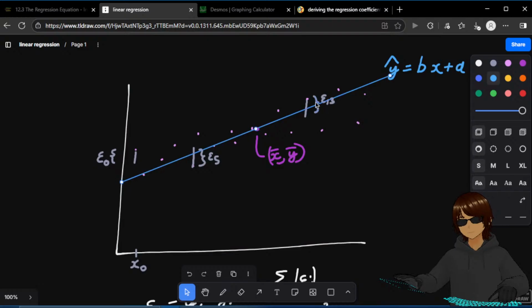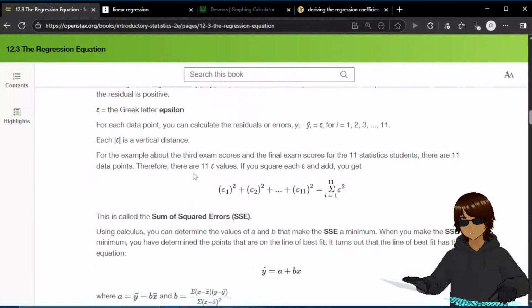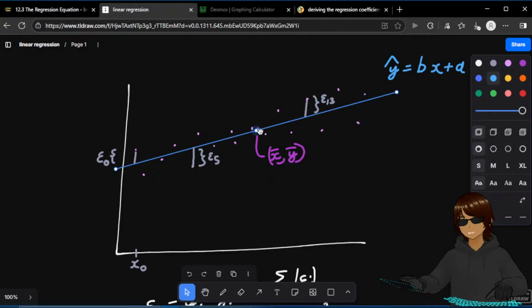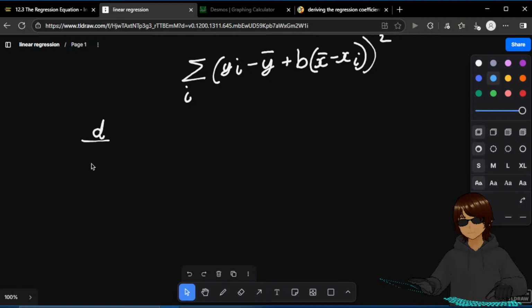With different gradients, we would have different values for the sum of squared error, the SSE value. We want the value of the gradient that gives the minimum sum of squared error. So we differentiate this with respect to b.